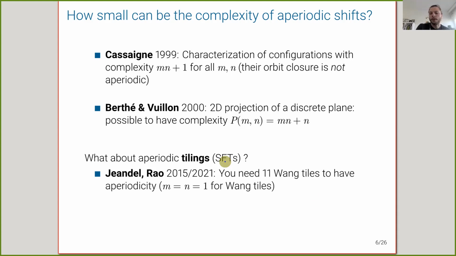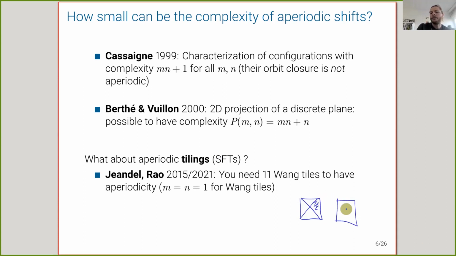You cannot do better. So maybe quickly, a Wang tile is just a finite set of tiles with colors on their sides, and then you can match them if the colors are the same. And these kinds of tilings are exactly SFTs; they can represent exactly all SFTs.